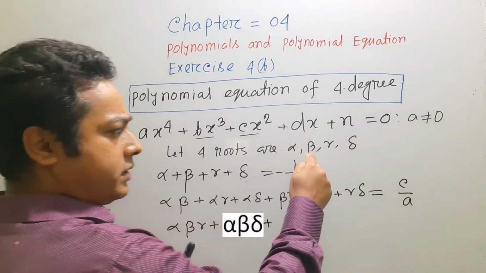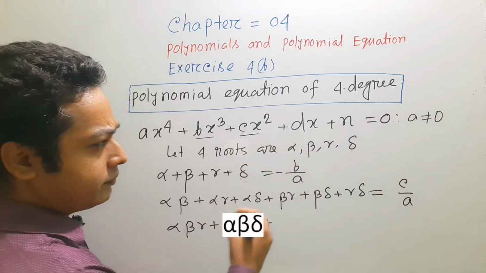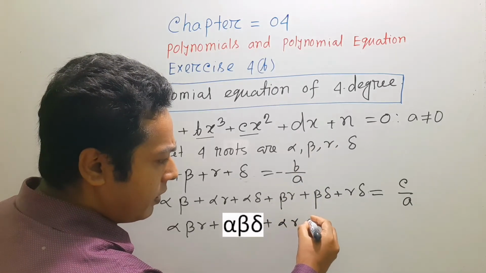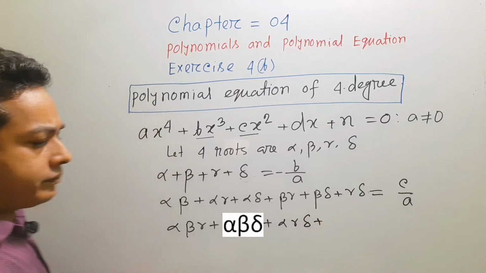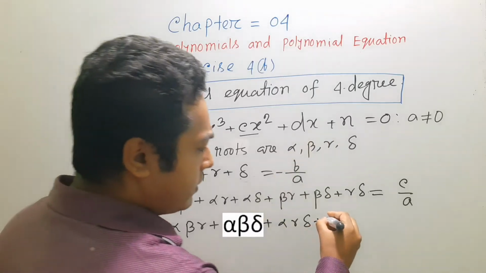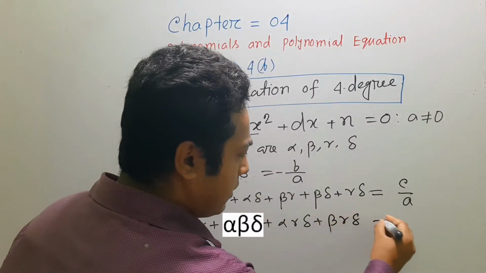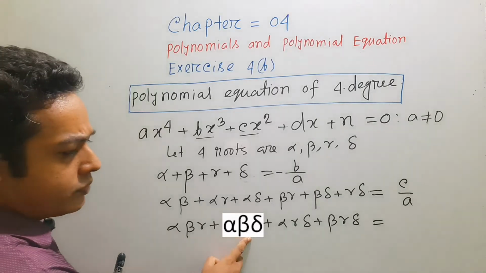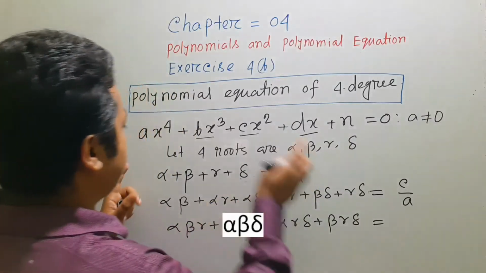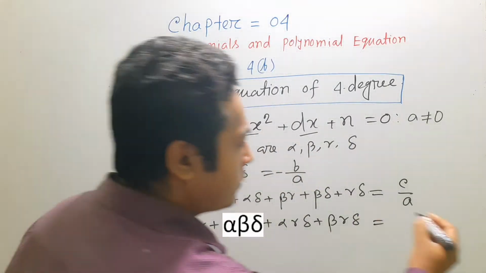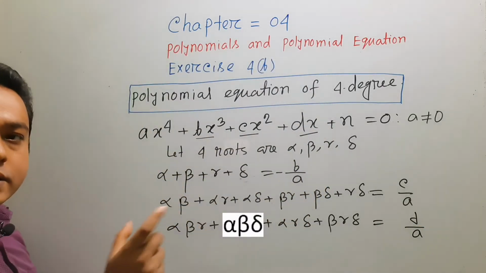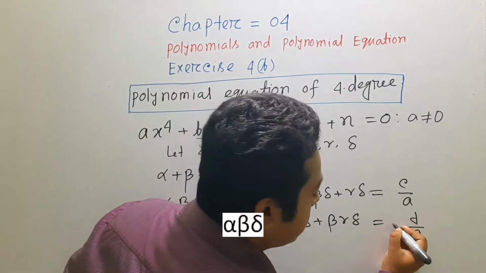If you omit beta, then the remaining combination is alpha, gamma, delta. Then you can omit alpha, and the remaining is beta, gamma, delta. So the total combination is 1, 2, 3, 4. Okay, the next term coefficient is d and the first term coefficient is a. So d divided by a. But taking 3 is an odd number, so the sign will be minus.